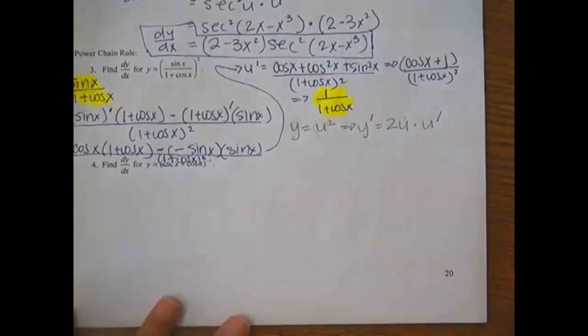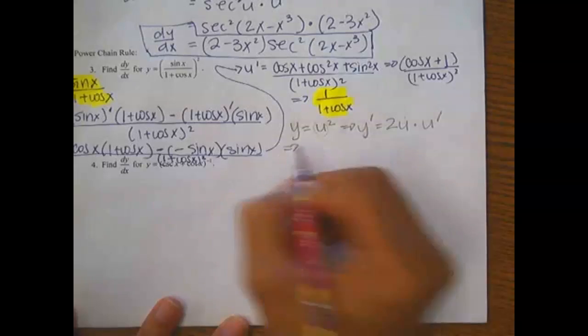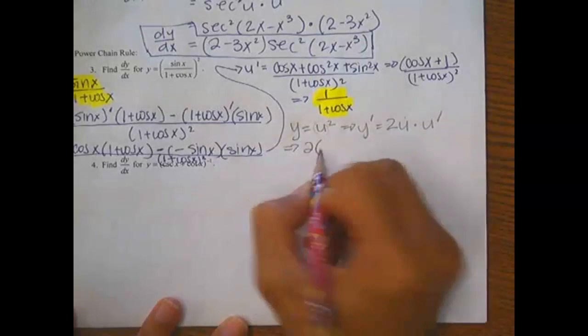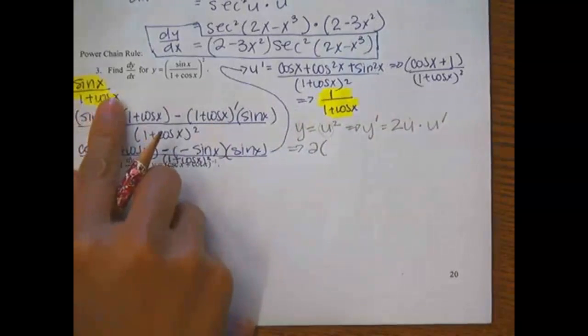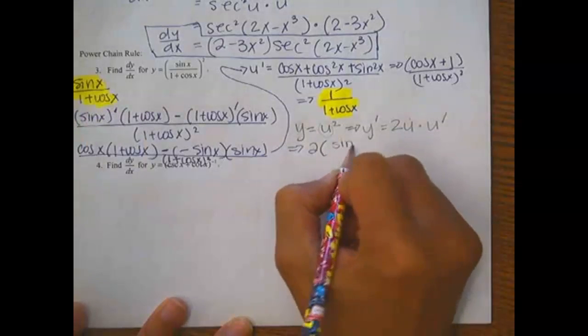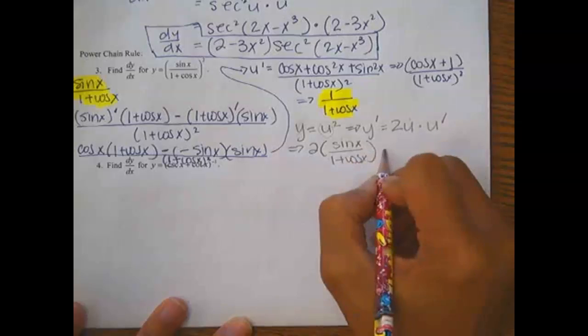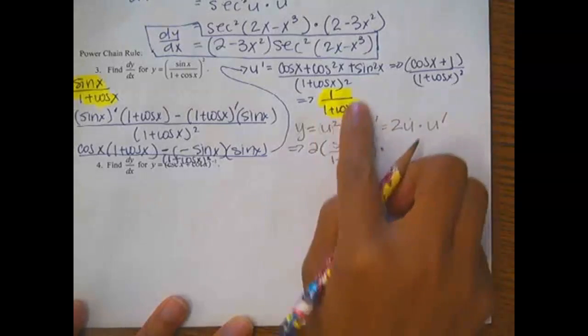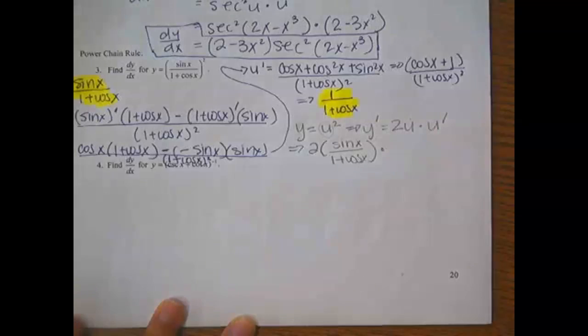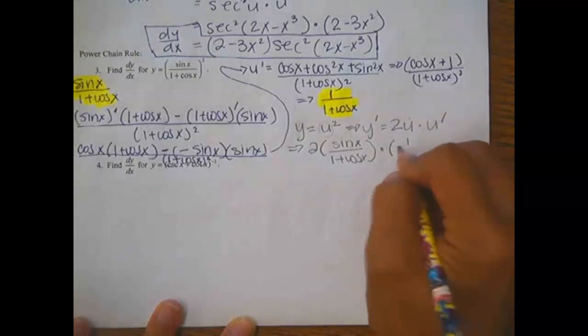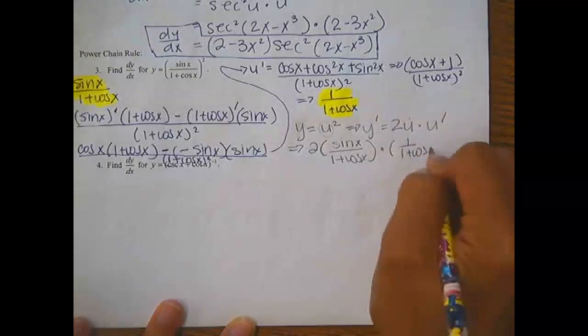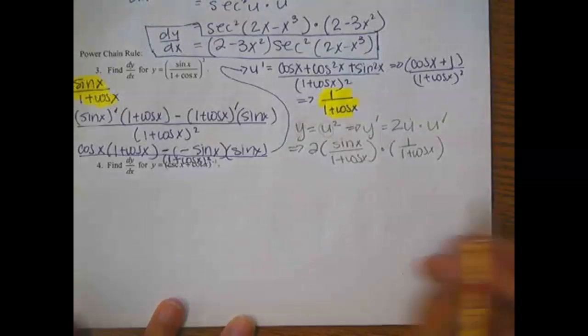Okay, so from here, let's go further. I think I'm almost done. So 2 times u, my inner component, which is sine of x over 1 plus cosine of x, times u prime, which is the answer to this long process. So u prime is 1 over 1 plus cosine of x. Let's see if you can simplify this.